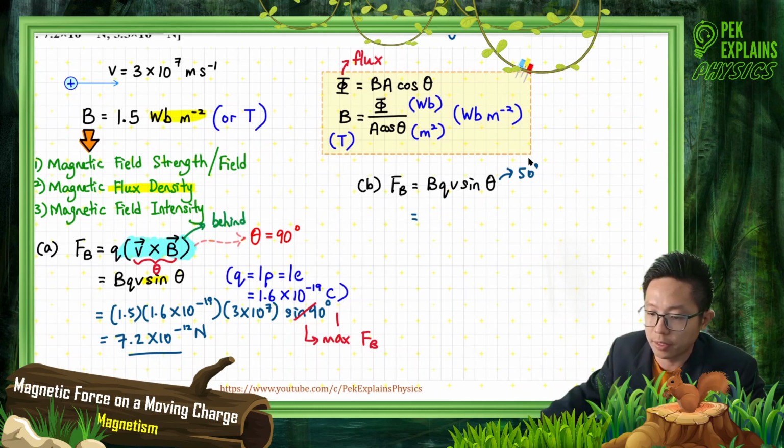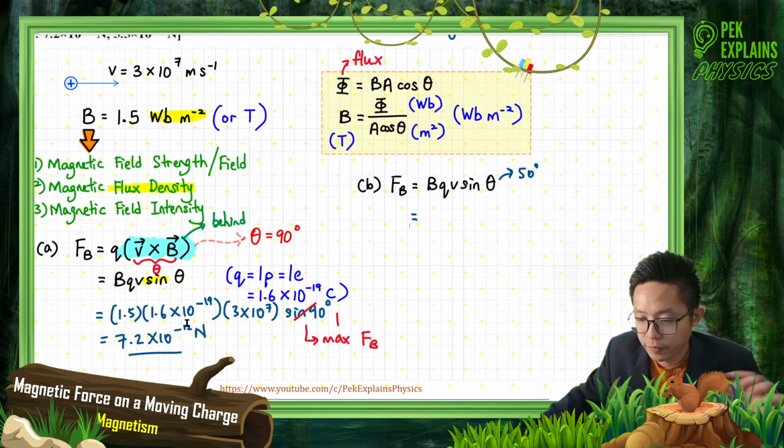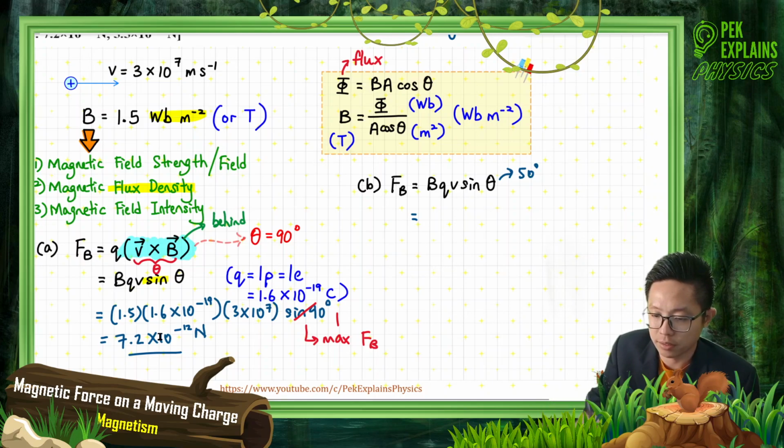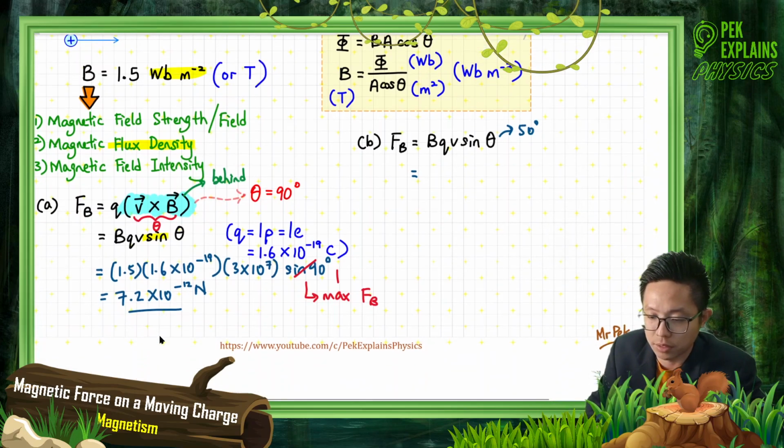So just now I got sine 90, which is equal to 1. So the front part here is actually the same as BQV itself. So we already have the BQV, which is 7.2 × 10^-12. So just substitute that inside here.